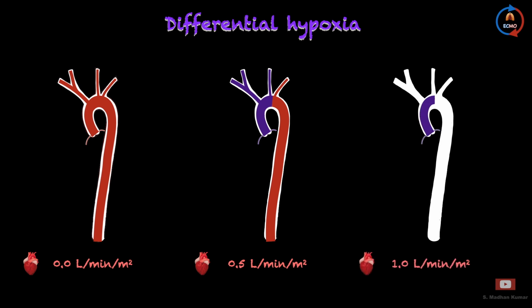When the heart is able to generate more than 1 liter per minute per meter square, Harlequin syndrome happens fully, where the brain and coronaries will be getting deoxygenated blood.